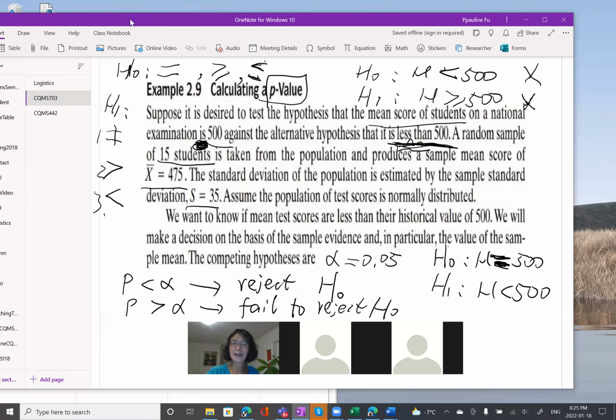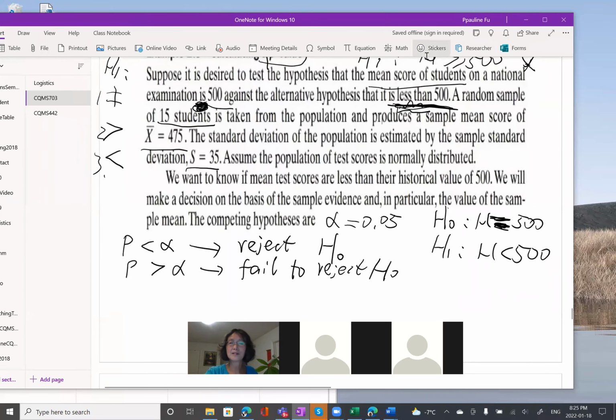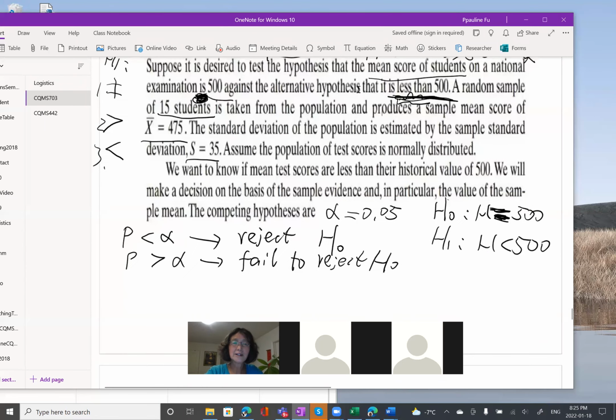We use a t-test. So the formula for the test statistic t equals the sample mean minus the population mean, divided by the sample standard deviation over the square root of the sample size.